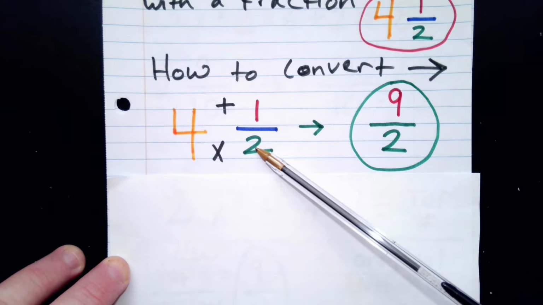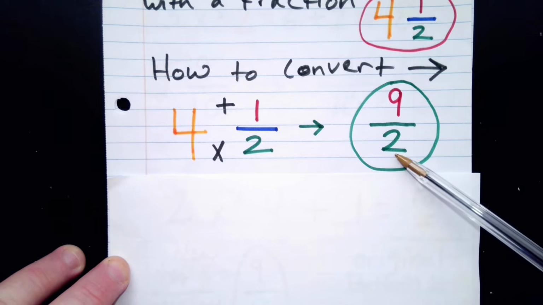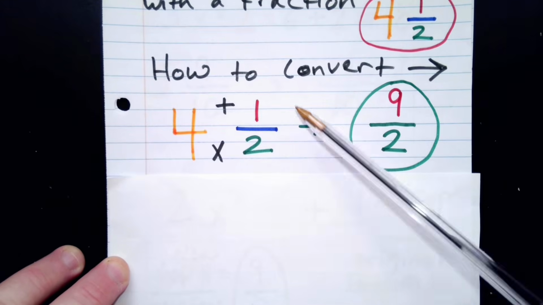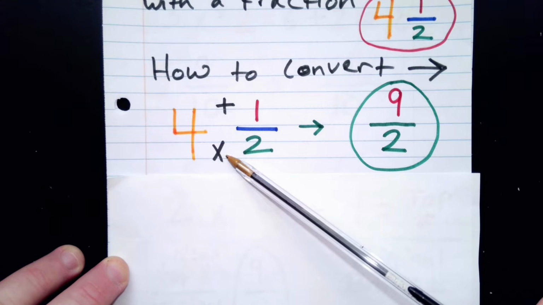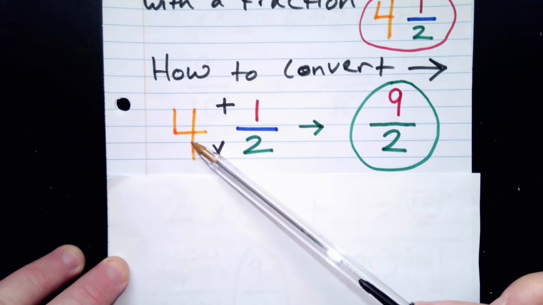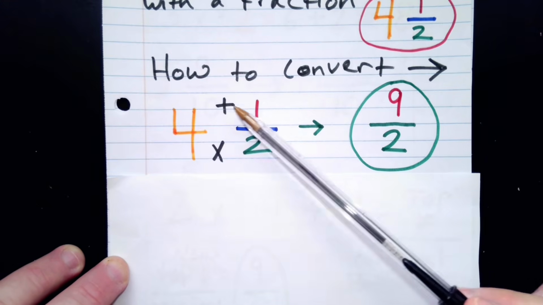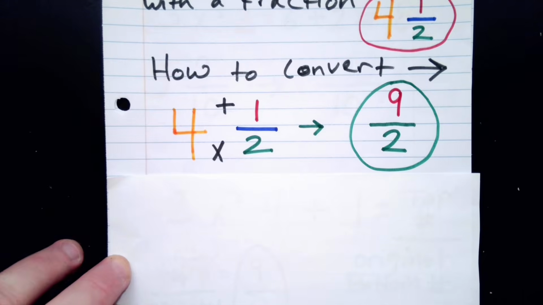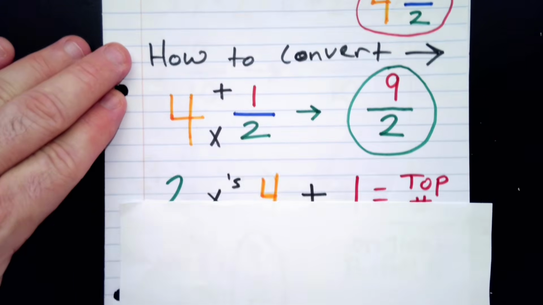So this 2 will be in your solution. It will be the denominator in your solution. So kind of the formula goes like this. You take the denominator 2, you're going to multiply times 4. You'll then take the product, or the answer to a multiplication problem, and whatever the top number is, you're going to add to that. So let me just show you that quick little formula I kind of created below.